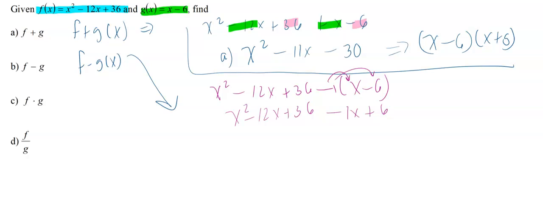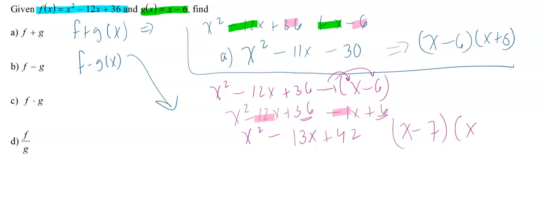Okay, let's see. What do we got to combine? We have a negative 12x and a negative 1x. Nothing with the x squared. So x squared minus 13x. 36 and 6 is 42. Here's why I love these problems. I would accept that as an answer. You could also factor that expression to x minus 7, I should put a plus there, and x plus 6. And again, I would accept either one of those answers.